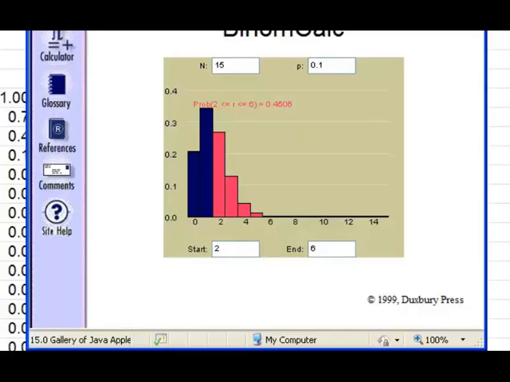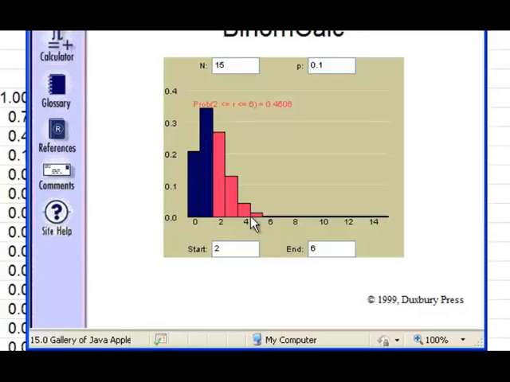Well, if you think about what we were doing with our complements rule to calculate the probability of being greater than a certain value, we can apply that same approach here. Remember that the binomial dist function is going to give me the probability of being at a certain value or below, all the way down to 0. So if I want to find a range of values, in this case from 2 up to and including 6 as my values of k, I could use the binomial dist function with the cumulative flag turned on to give me the probability of being at or below 6.